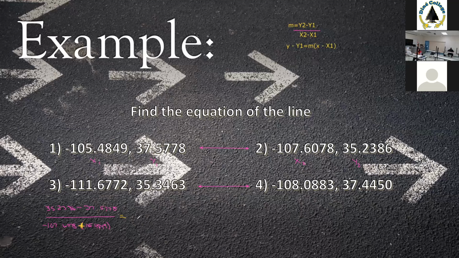So it's going to be 35.2386 minus 37.5778.